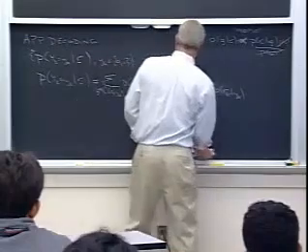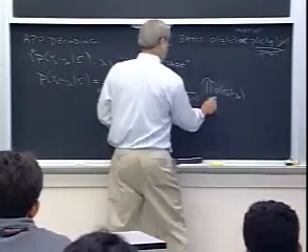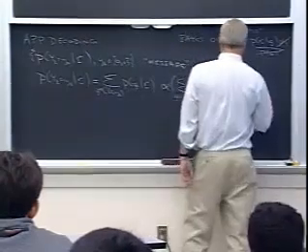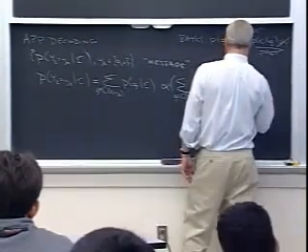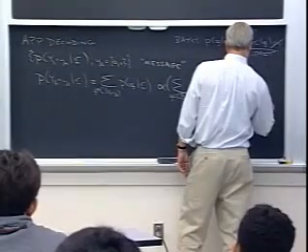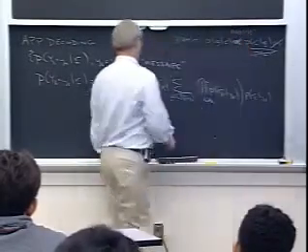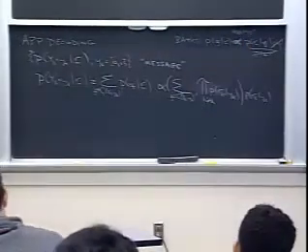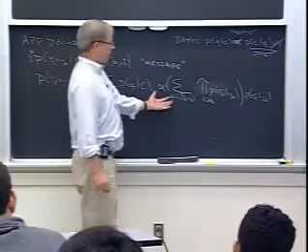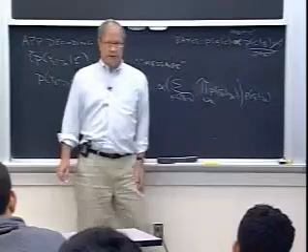So I can write this in turn as this product for k prime not equal to k, and then I get a common term, which is P of rk given yk.